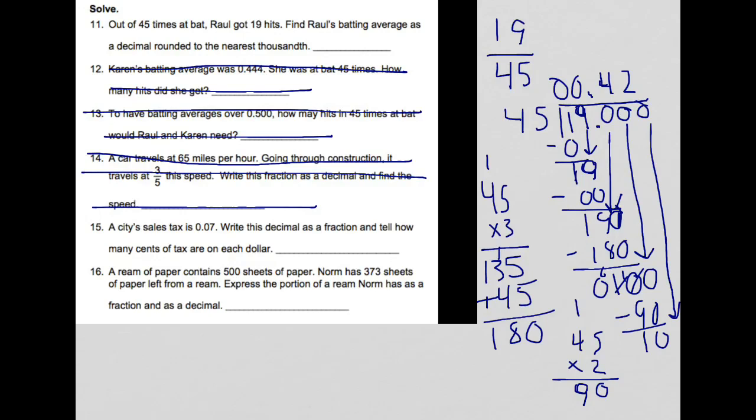Bring down a 0, and then 45 goes into 100 2 times again. 100 minus 90 is 10. Looks like it keeps going.